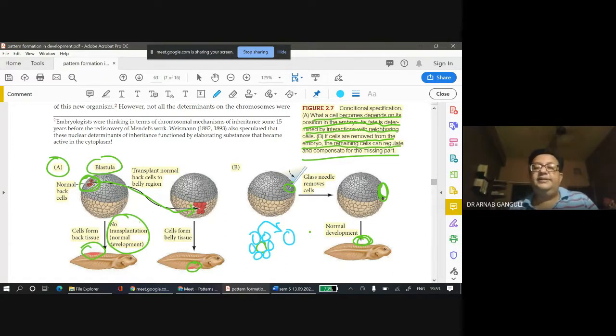Where it is. If it's between nerve cells, it will become a nerve cell. If it's between muscle cells, it will become muscle cells. Or if it's between cells which have muscle cell determinants, it's going to become muscle cells.